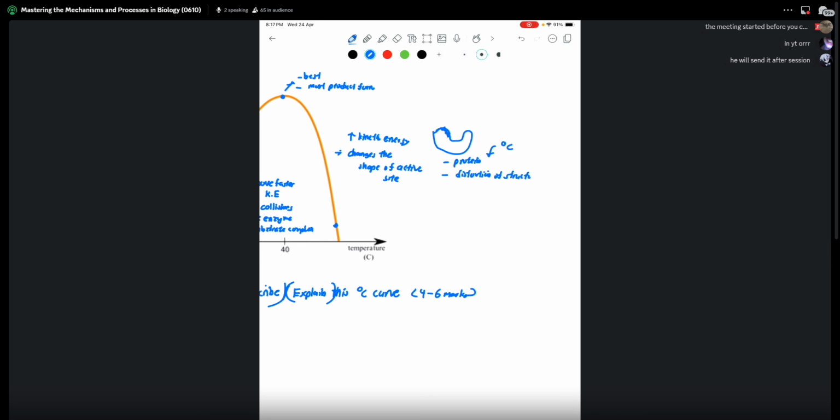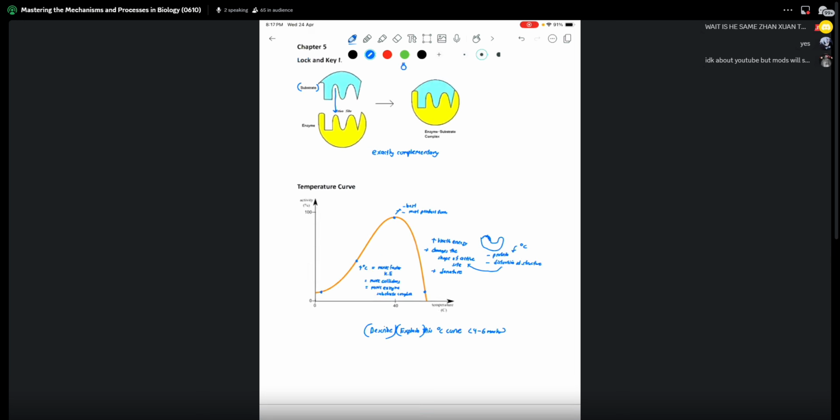That's where it brings us to this point: it changes the shape of the active site. Once it changes the active site, it finally denatures. Please do not write die. The enzyme does not die. The word is supposed to be denature.